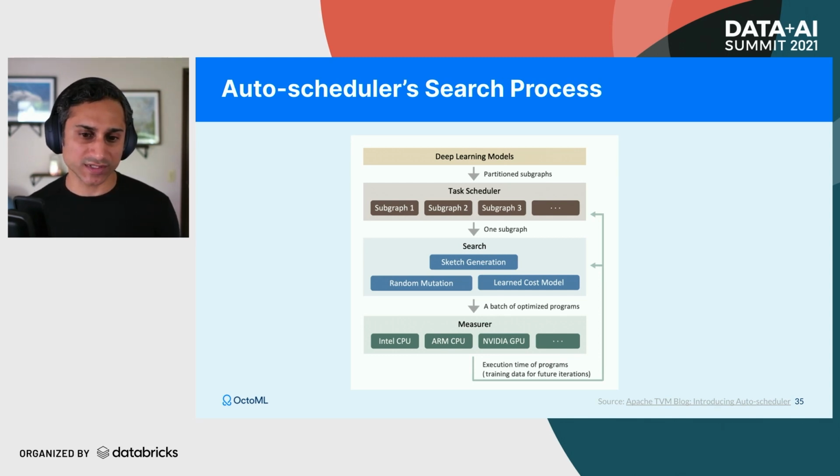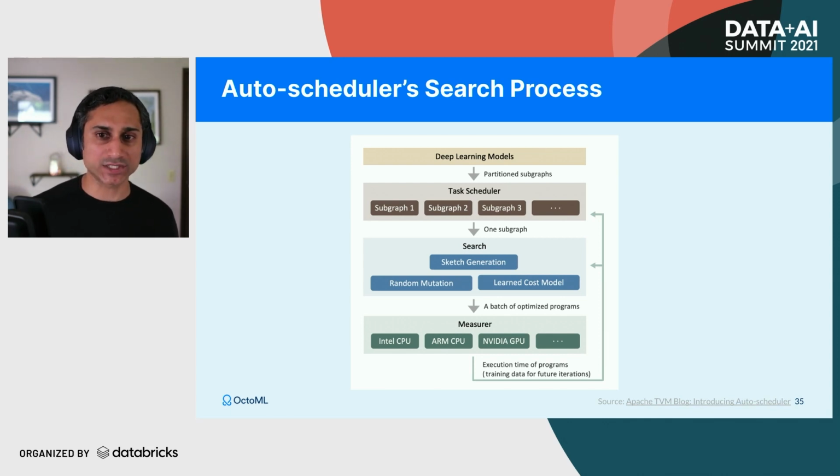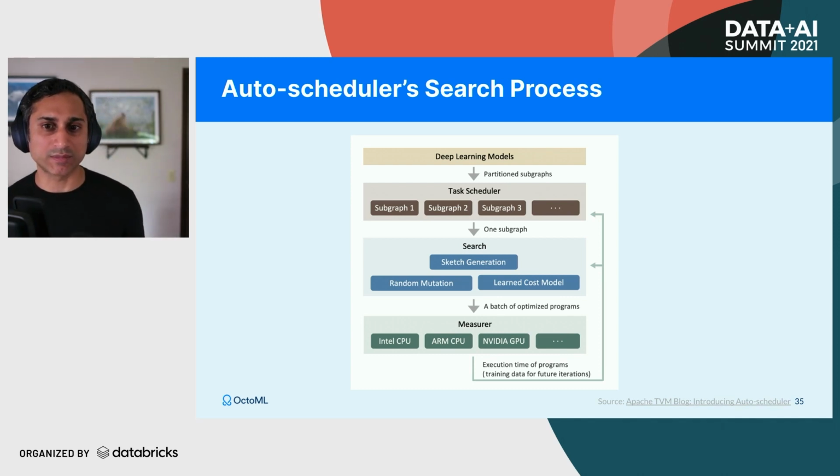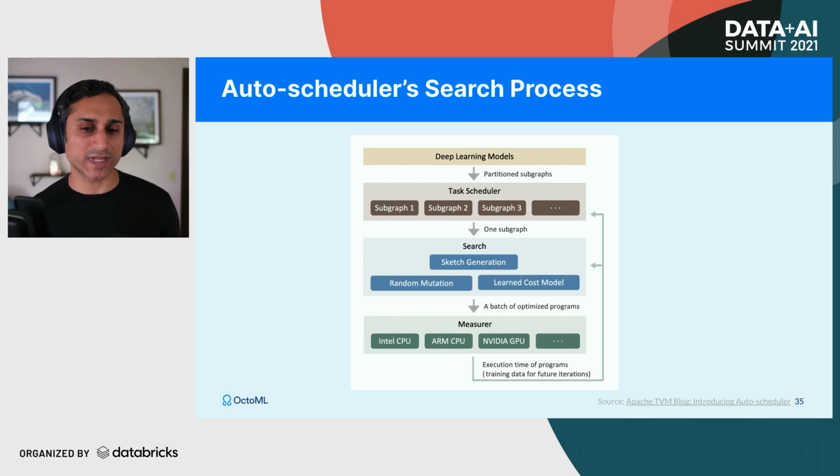You can see here the sketch generation, random mutation, and the learned cost model in blue. Then evolutionary search is run with that learned cost model to get a batch of optimized programs. The optimized programs are sent to actual hardware for measurements. After measurements are finished, the profiling results are used as feedback to update all components of the system. This process is then repeated iteratively until the optimization converges or it runs out of time budget.